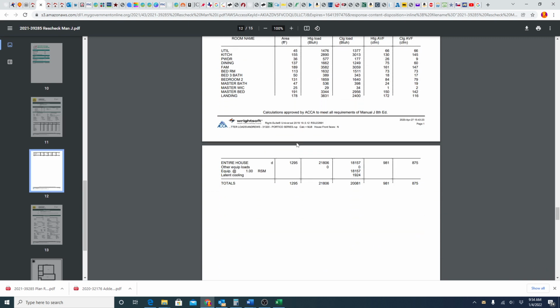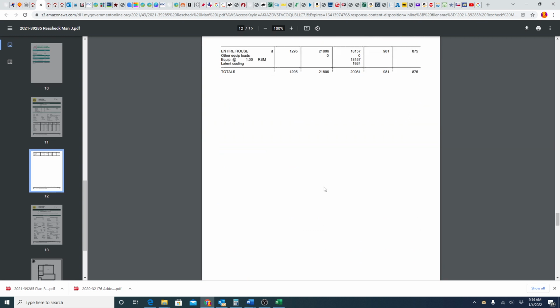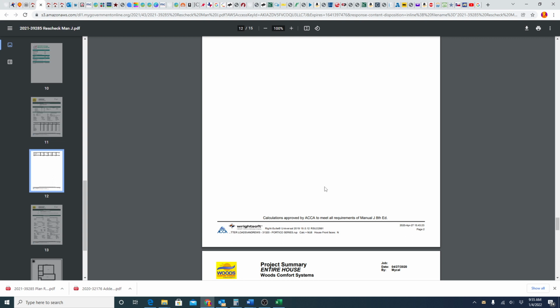The law just states Texas registered professional engineer. One of those needs to be the person who prepares this. The other thing you need to make sure is that it's the 8th edition or newer. You're not going to find a 9th edition. ACCA hasn't released a 9th edition manual yet.